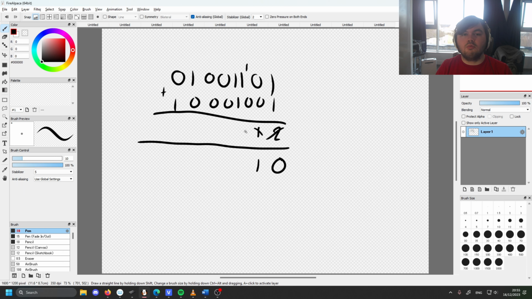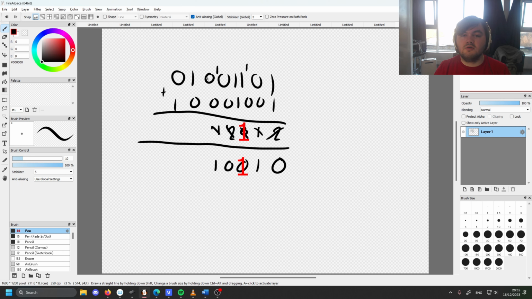The third digit is 1 plus 0 plus 0, and since there's no need for a carry or anything, we just write down 1. For the fourth digit, we have 1 plus 1 with no carry, which is equal to 2, which again, we will write down as 0 and add a carry to the next column. Therefore, the fifth column is 0 plus 0 with a carry, which we write down as 1.